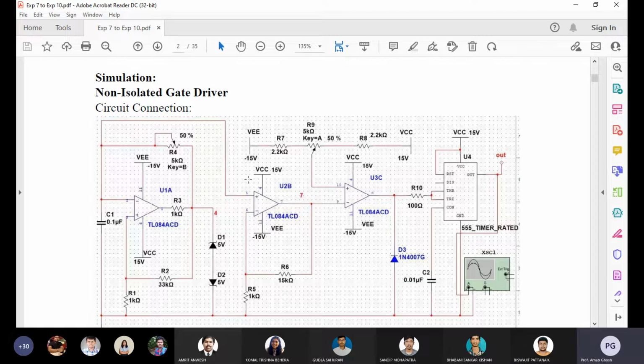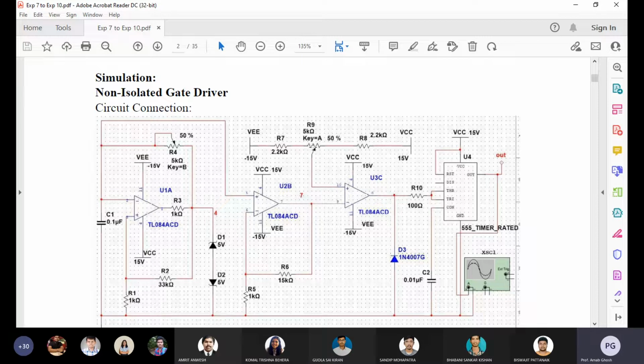Then that value will be amplified. After amplification, you are using the pot. What is the purpose of this pot circuit? I'm talking about the control voltage. First, we get the set point value of voltage. Then we compare the set voltage with the actual voltage and get an error signal. After that, we send the error voltage to the compensator.